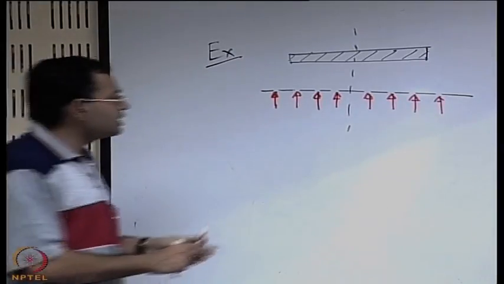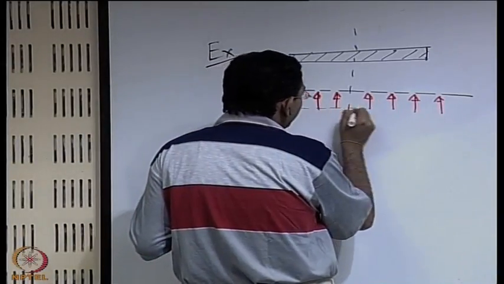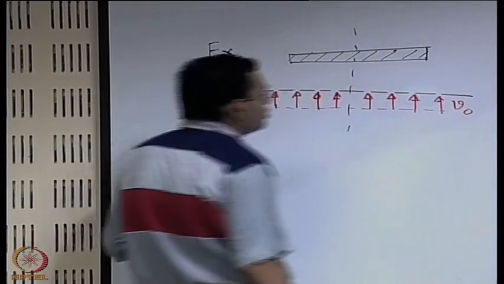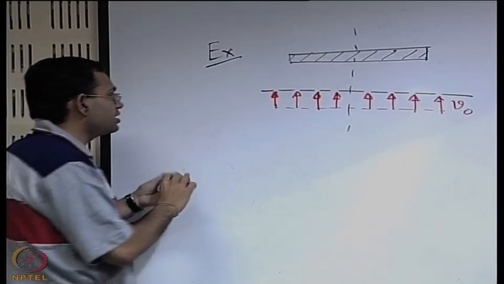So let us say that this is a uniform velocity with which it enters, say we call it V0. So this is a porous plate.